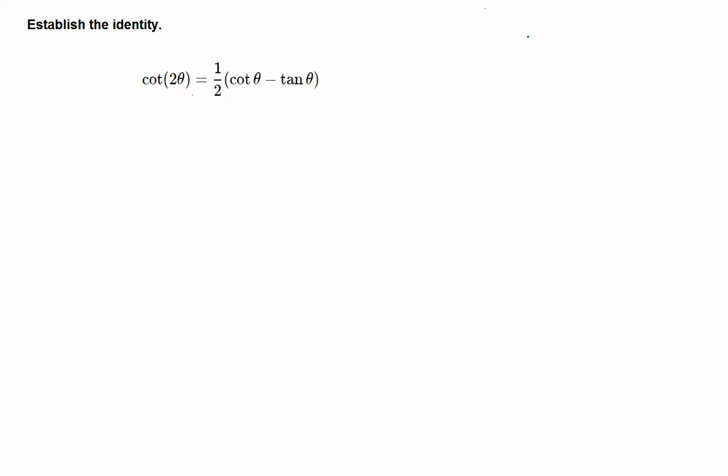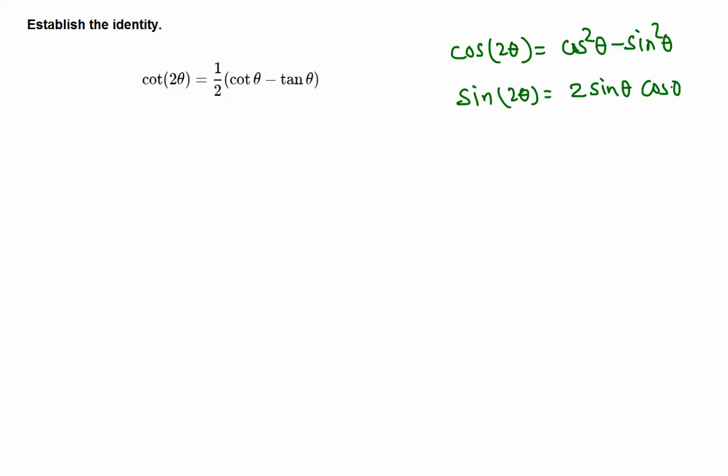Okay, and let me write down what cosine 2 theta is. In fact, there are three forms, and the first is cosine squared minus sine squared, and sine 2 theta is 2 times sine theta times cosine theta.